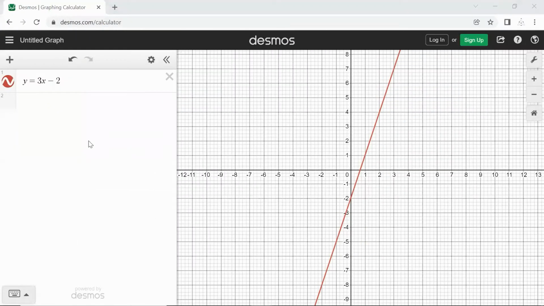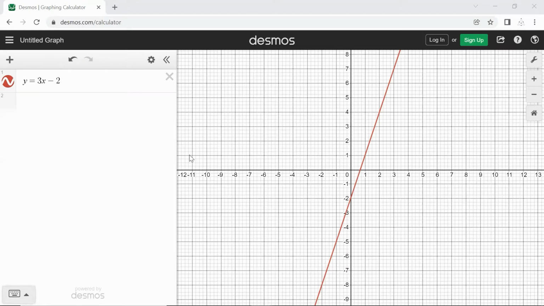I've graphed y equals 3x minus 2. You can see that from -1 up to 3, part of our line is going to be above the x-axis, and part of our line is going to be below the x-axis.